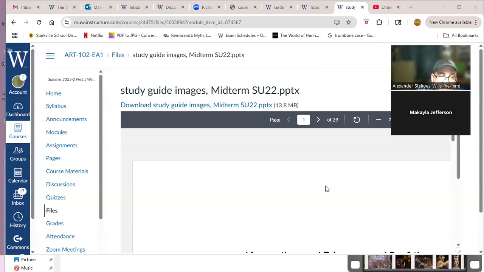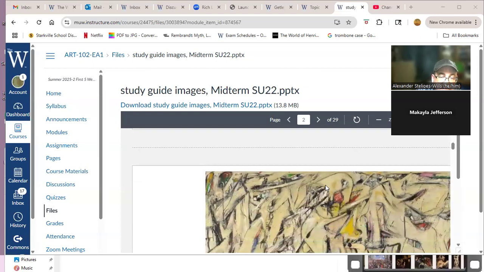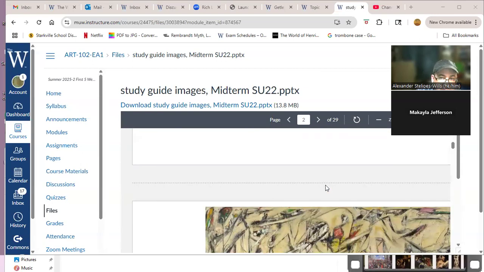Or we could start with the artwork. I was thinking we could start with the artwork and go over what are the extra pieces of information you could say about each work and go from there. But you're here, so let me ask you this first, Michaela. Have you looked at the study guide for the midterms yet?